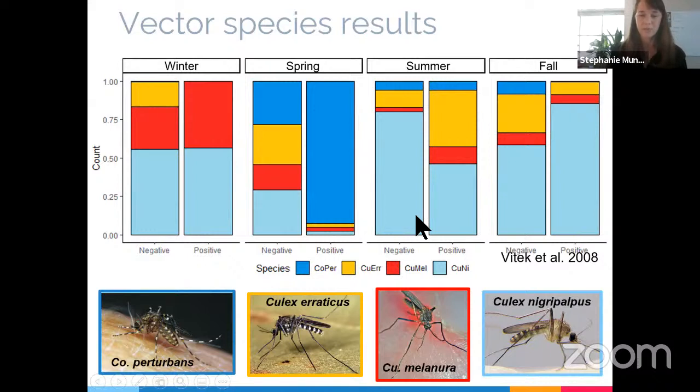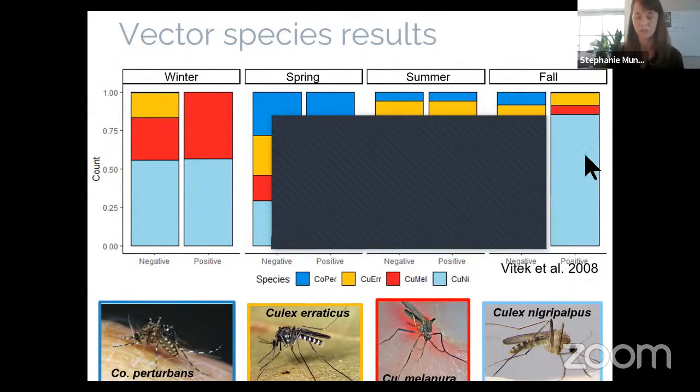And then following up into fall, at this point, Culex nigripalpus does tend to increase in abundance overall, and we did see more at the positive sites. So this could mean that at this point, Culex nigripalpus is kind of taking up that baton of transmission and carrying it forward into the early winter.